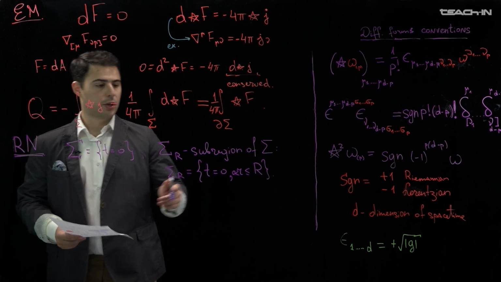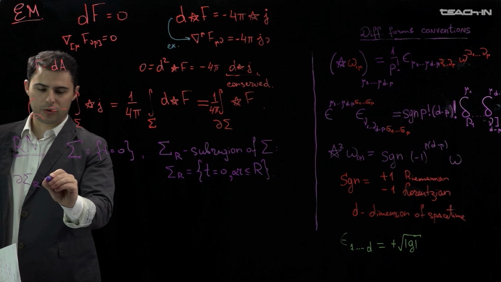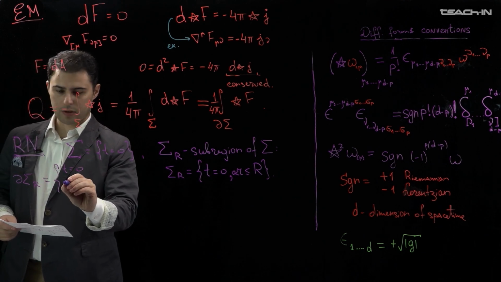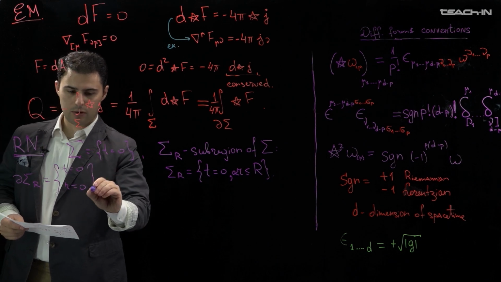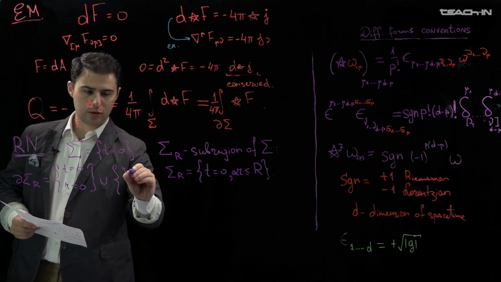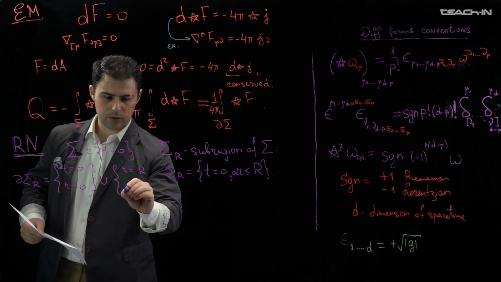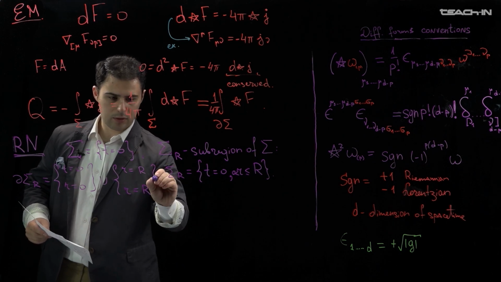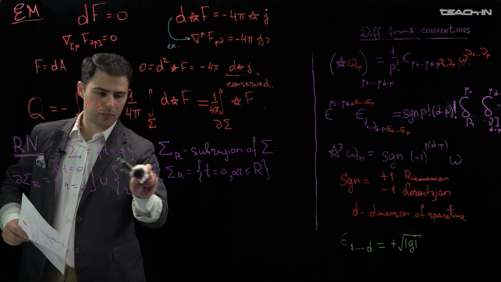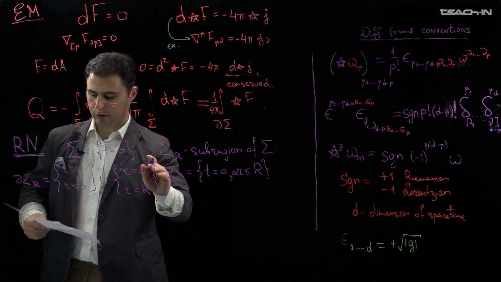In other words, the boundary of sigma_r is the singularity and the boundary at r.